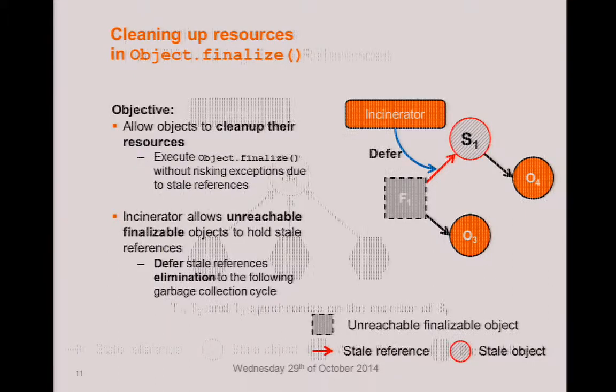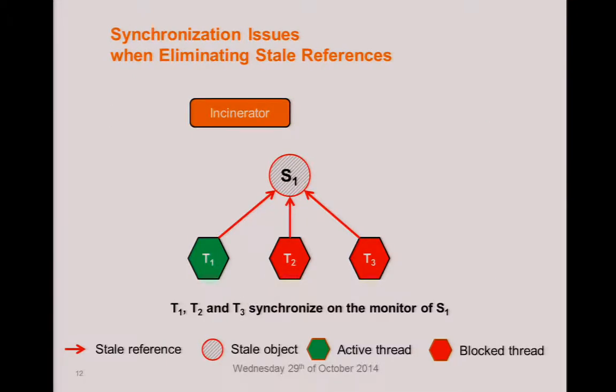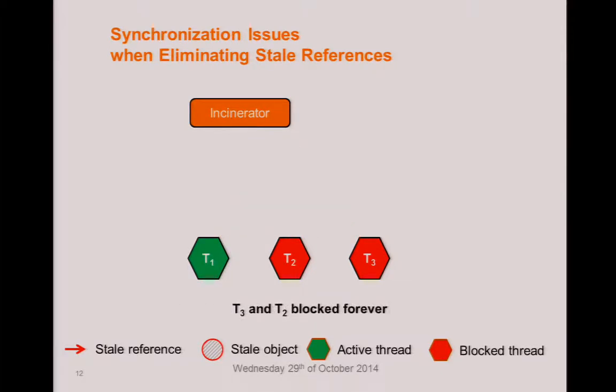The second major problem with this approach is synchronization. Imagine three threads that synchronize on an object, and then that object becomes stale. And then we have many stale references appearing simultaneously. The problem with the approach is that if we eliminate those, then this will happen.